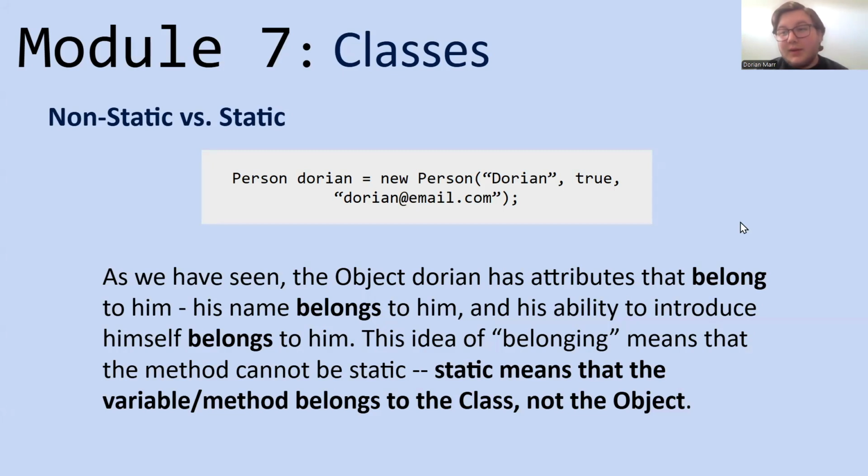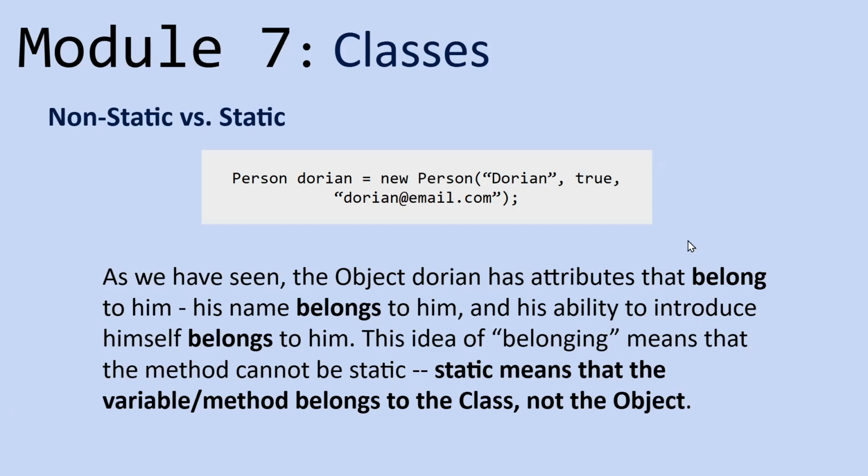All right. You also might have noticed that in our methods previously, we didn't write static earlier, which means that all the methods, like let's say introduce in the person class, are non-static and associated with a particular object, not the overall class. So the object Dorian has attributes such as name that belong to him, and his ability to introduce himself.